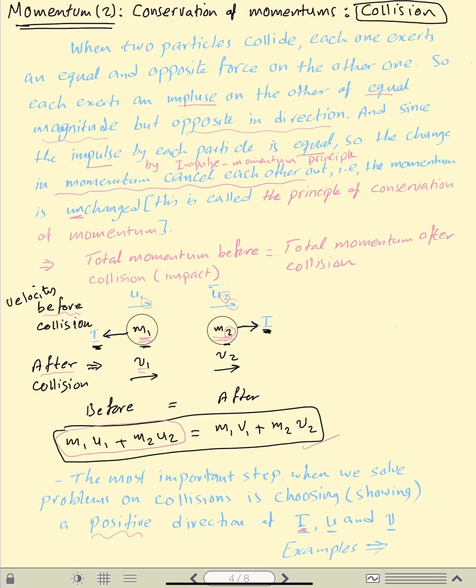This is the impulse by M1 on M2, and this is in the opposite direction for M1. So I have the same magnitude but opposite direction. This is called the principle of conservation of momentum. It is a law, as a formula: total momentum before collision is equal to total momentum after collision.